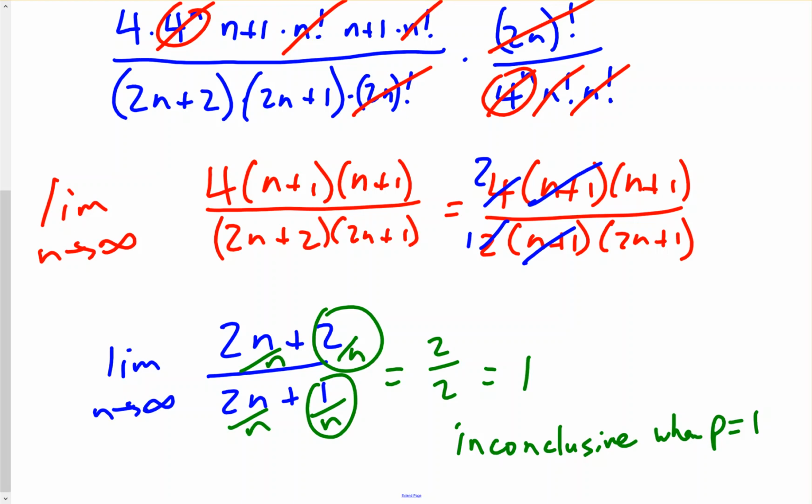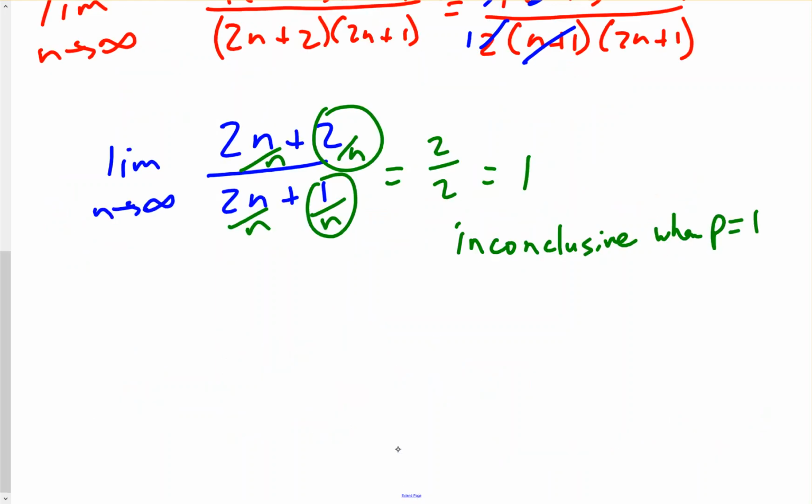Now, one thing we could take a look at in general: if you look at the final limit, 2n plus 2 over 2n plus 1, you see that the top is always bigger than the bottom.